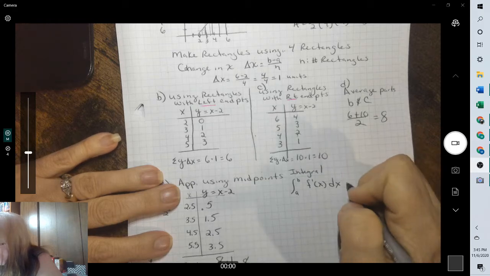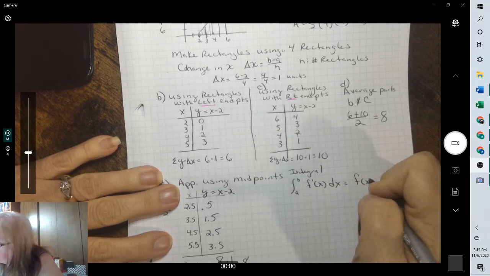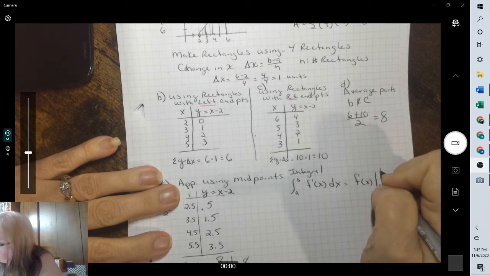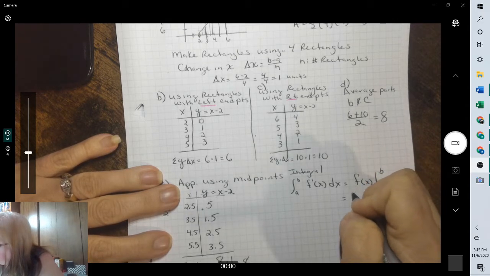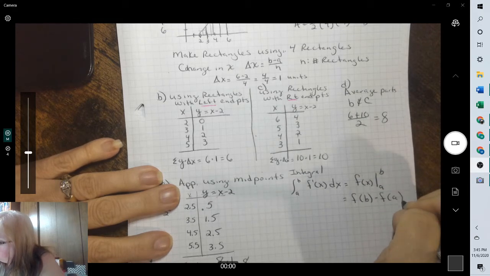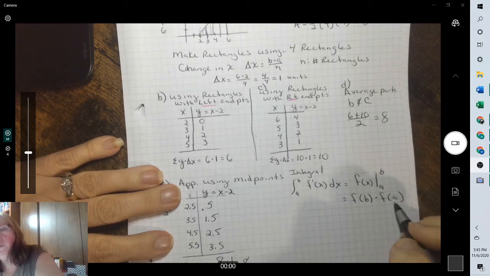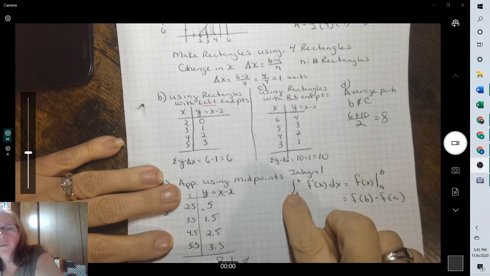So if this is f of x, when you take the integral, then it's f of the top one minus f of the bottom one. And you don't have to worry about the c's because the plus c here minus the c here cancel. So we don't have to worry about the constant when we're plugging in numbers.